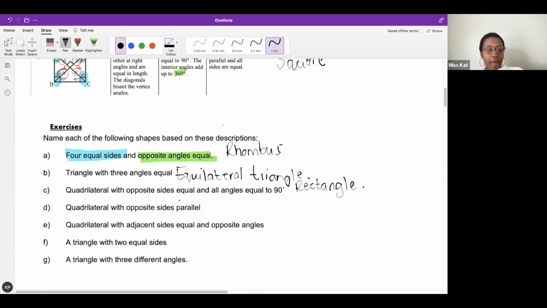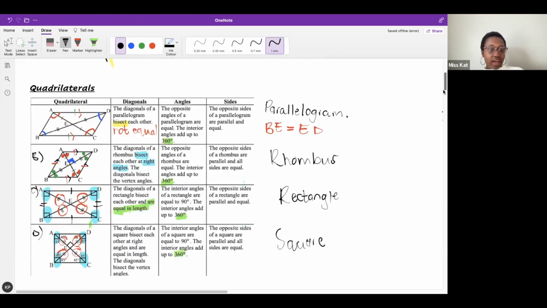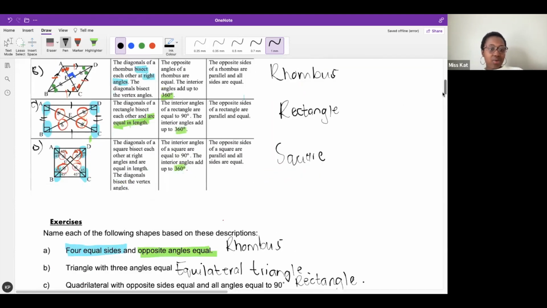Okay. Number D, a quadrilateral with opposite sides parallel. Oh, opposite sides parallel. Yes, Chichi. A parallelogram. It's actually most of them, all of them. Don't you agree? It is, ma'am. Okay, most of them. In a parallelogram, opposite sides are parallel.